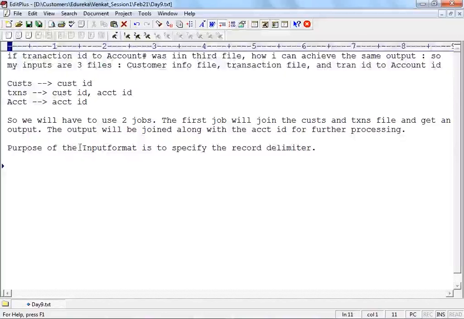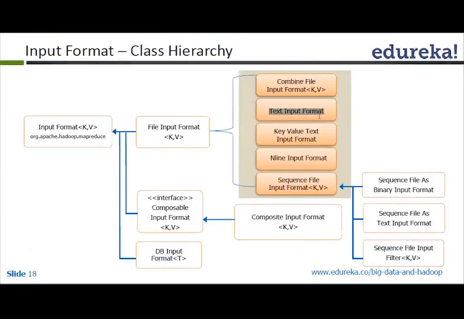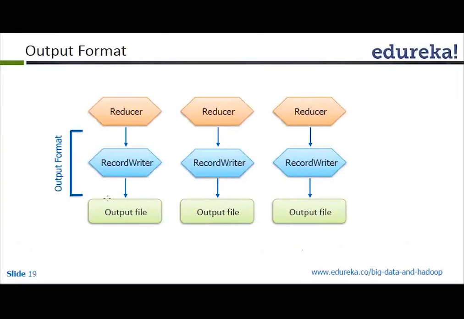So this is very important. By default, in the job class there is job.setInputFormat. If I don't say anything, the input format is going to be text input format. Okay, guys. Similar to the input format, once I finish things, there would be an output format.